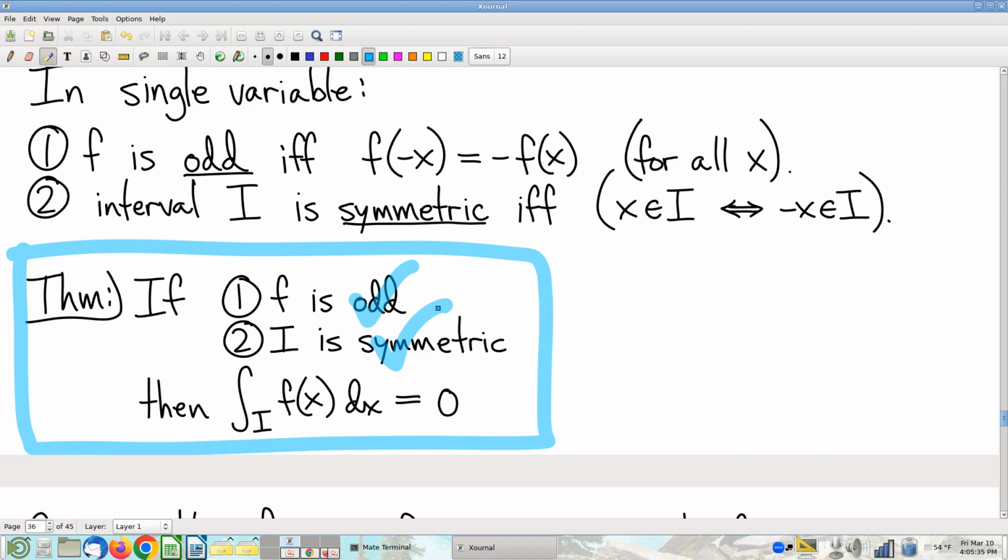If it's a symmetric domain, that integral is 0. Boom. Just instant. No calculations, no anti-differentiations, no plugging in the bounds and ensuing arithmetic. Nope. Just, the integral is 0. So I hope everybody remembers this theorem.